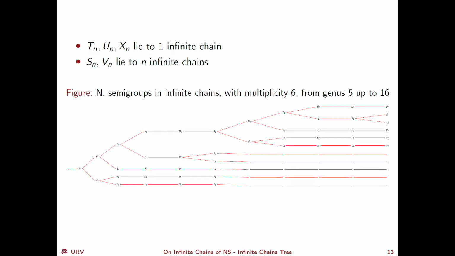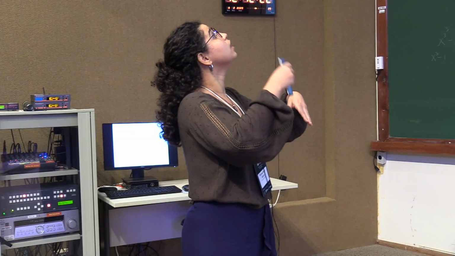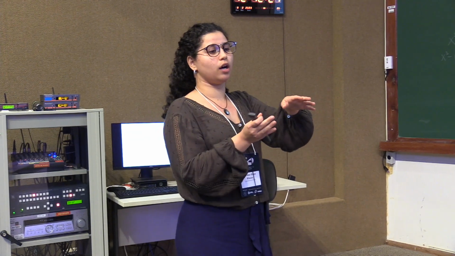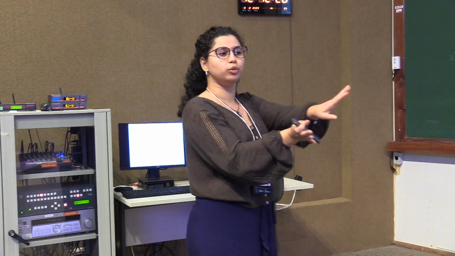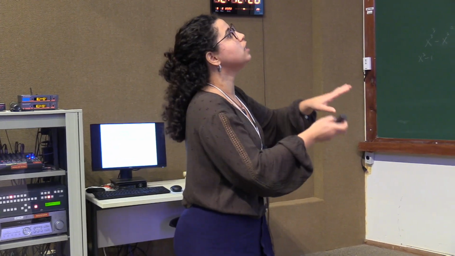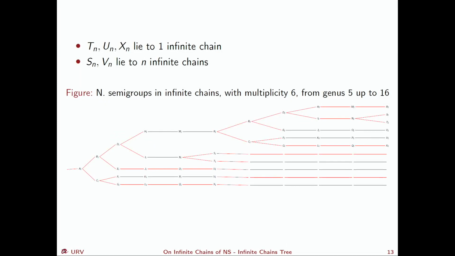And we have found that the infinite descendants of Sn and Vn have two infinite children. So here up to genus 16, we have two replications.